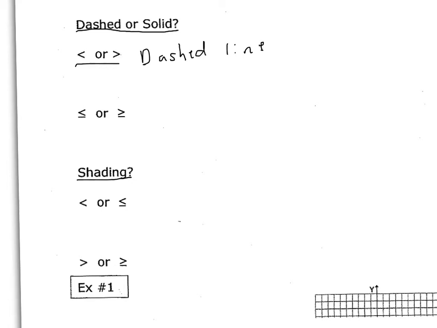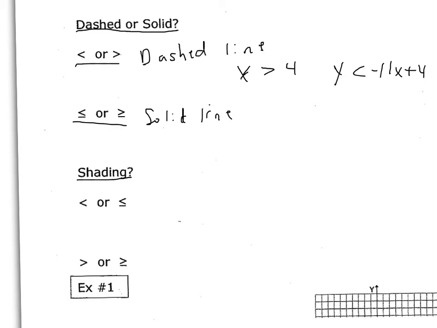Some examples of that would be x is less than or greater than 4, or y is less than minus 11x plus 4. If you have a less than or a greater than sign, you'll have a dashed line. Now, if you have an inequality with less than or equal to or greater than or equal to, you'll have a solid line.